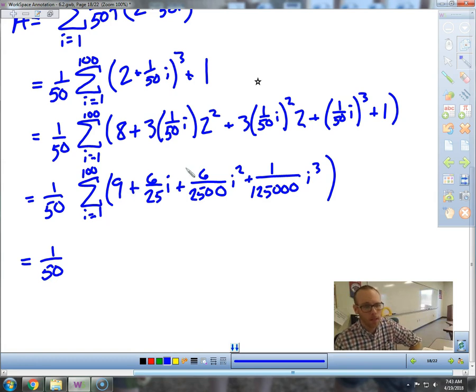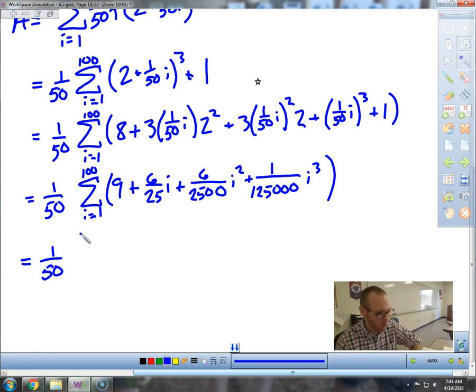Now, we have seen that when we have a sum like this, we can take the sum of each part individually. With each of those individual parts, like this 6/25ths i, we can factor out a 6/25ths. Here we can factor out our 6/2500ths, and here we can factor out our 125 thousandths.